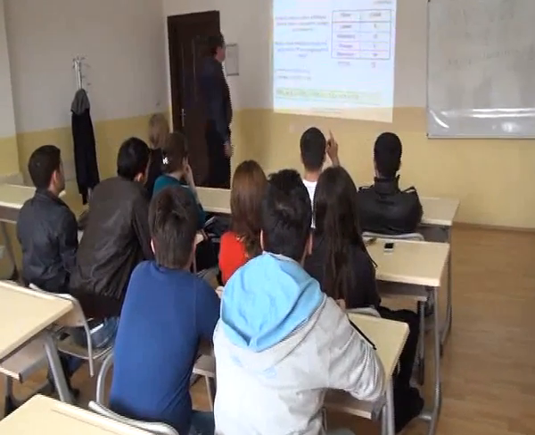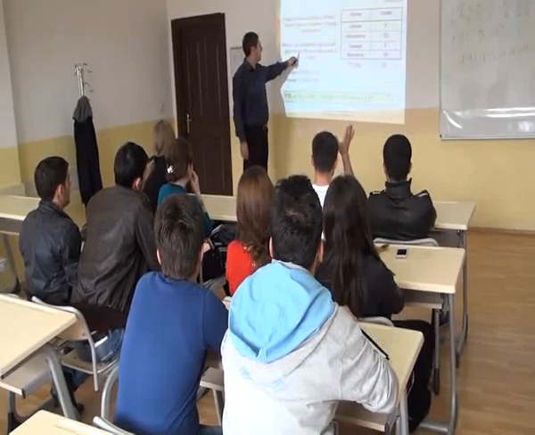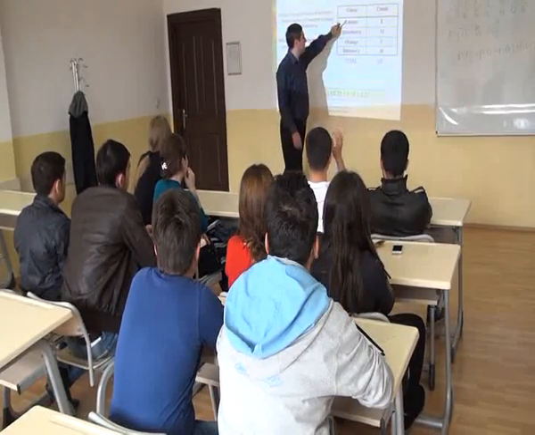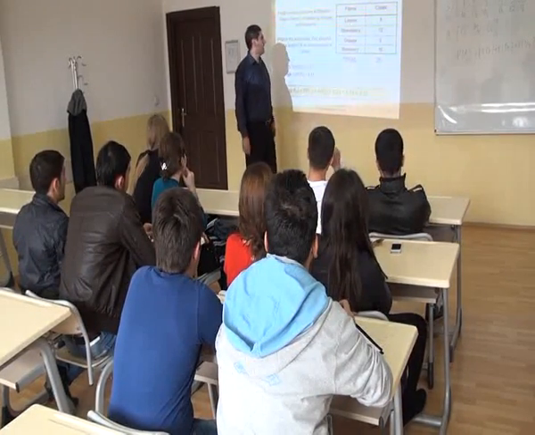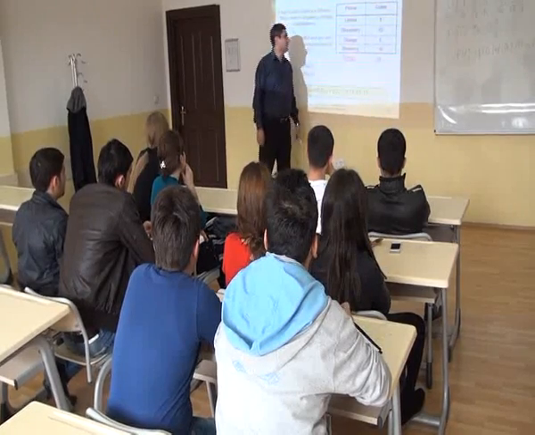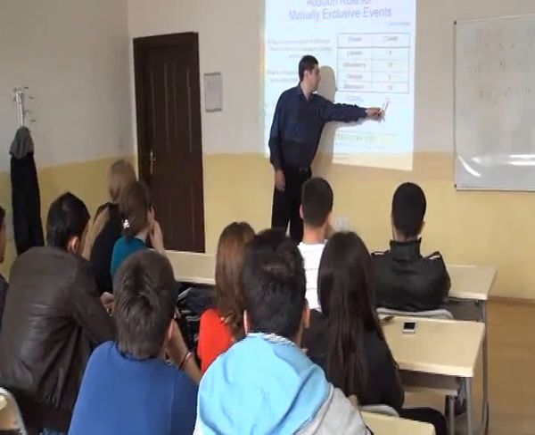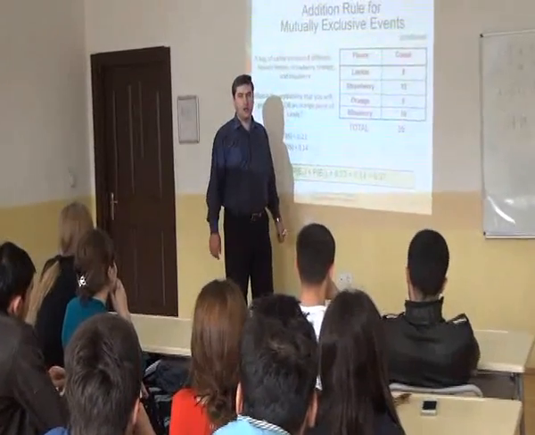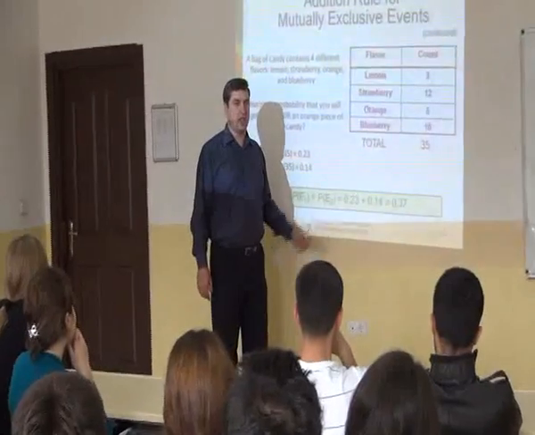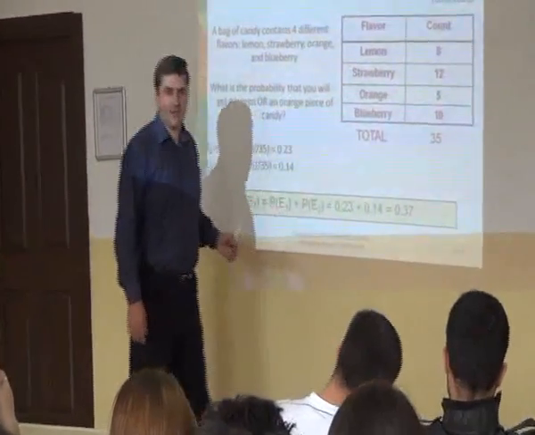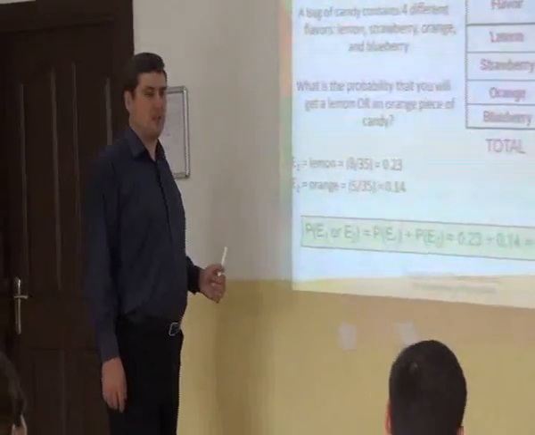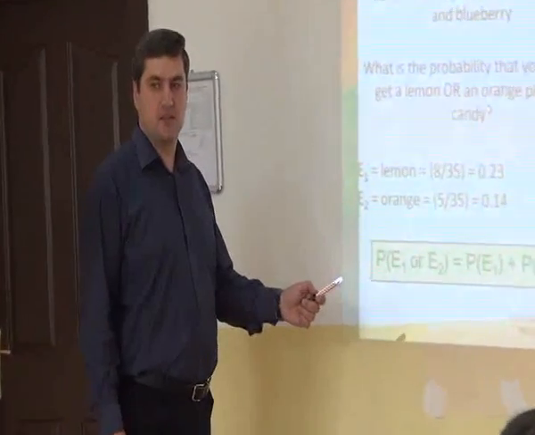Okay, and we are at the lemons and oranges. How many lemons and oranges are there? There are 5, so we need to sum them up and divide by 35. But why are we not subtracting anything from them? We know there was a formula that says we need to subtract something.